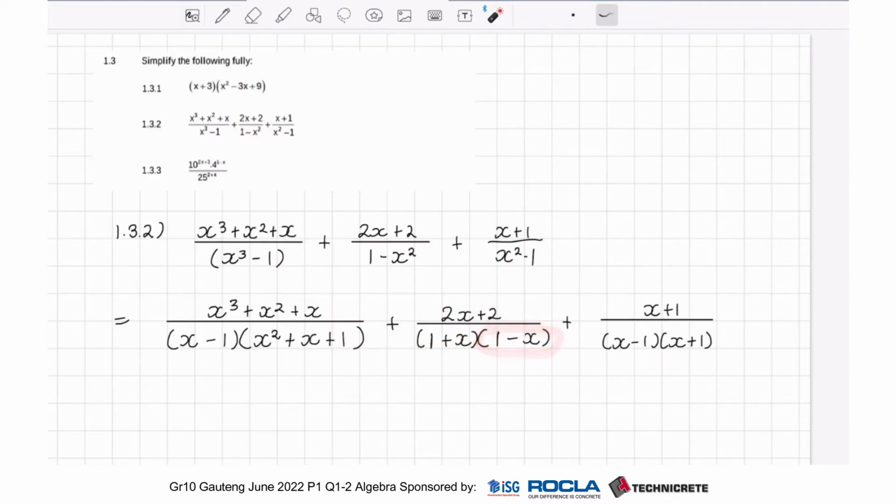And then in the first fraction, for the numerator, I can see that I've got a common factor of x in each of the terms. So I'm going to take out a common x, and for the first term I'm left with x squared, for the second term I'm left with just x, and then for the last one I'm left with 1, which means that this bracket can cancel out with this bracket, and I'm just left with x at the top and x minus 1 at the bottom.